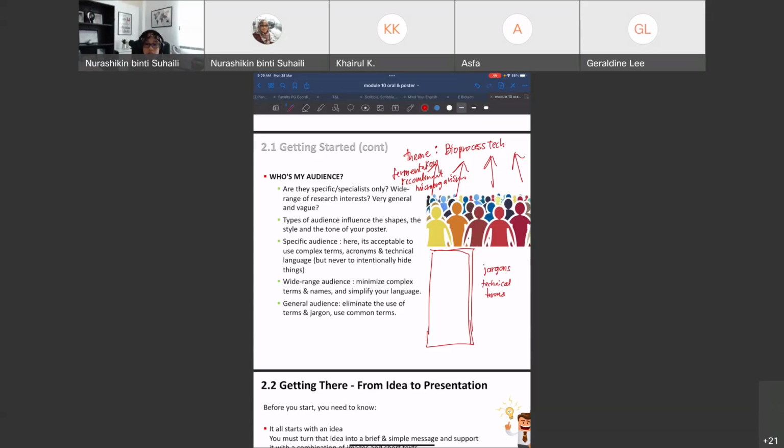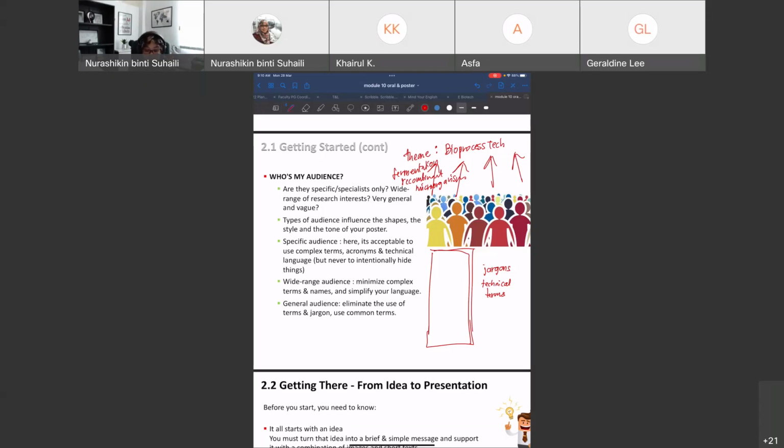But if you are presenting your poster to the general public, maybe at an exhibition to introduce biotech, you cannot expect to use those jargons, because otherwise people would not understand the message of the poster and it's going to be a waste, right? So you have to know the event, the theme of the event, and also the nature of the audience.